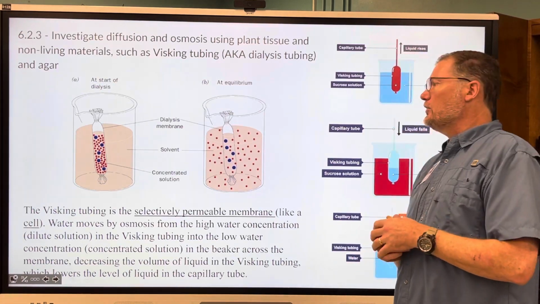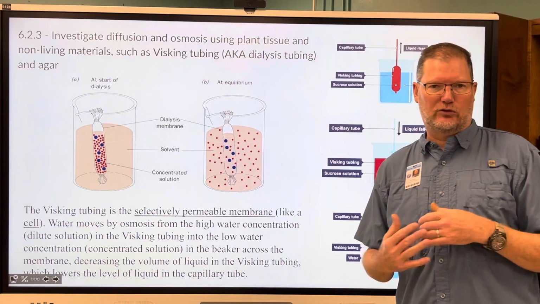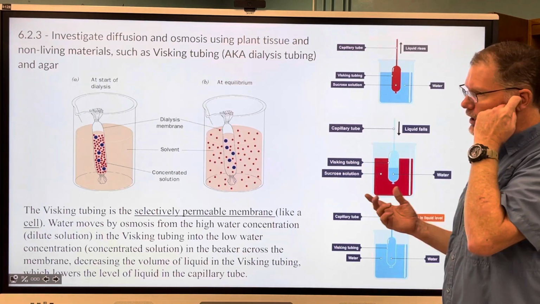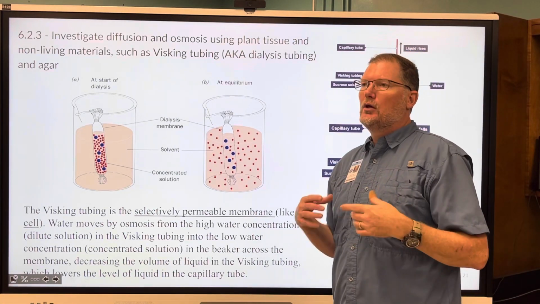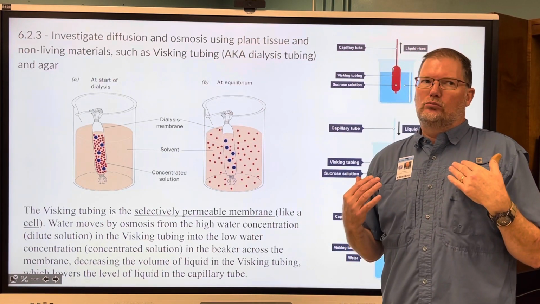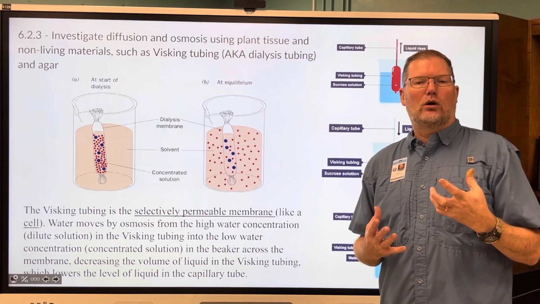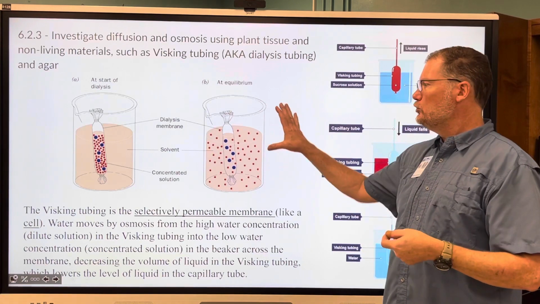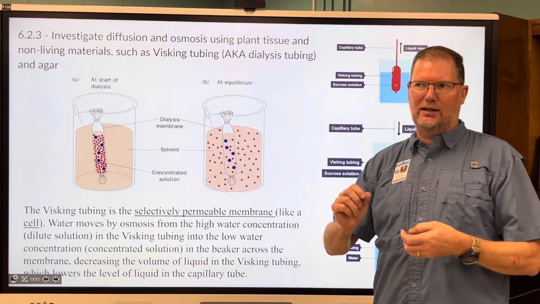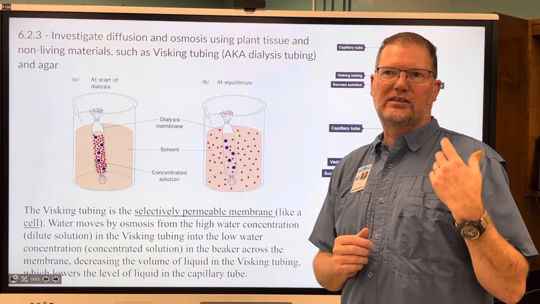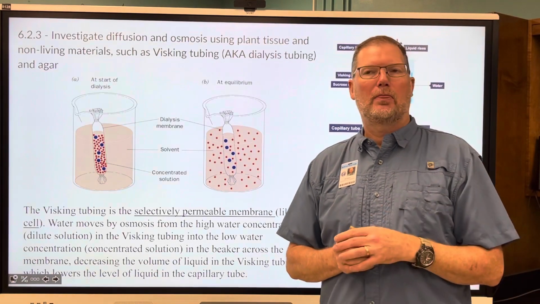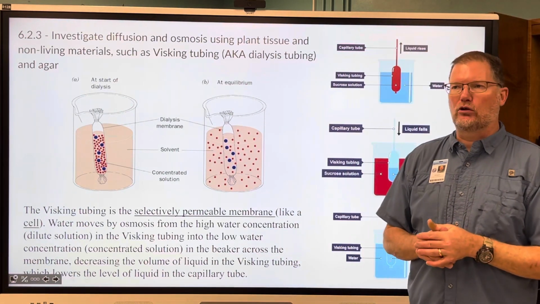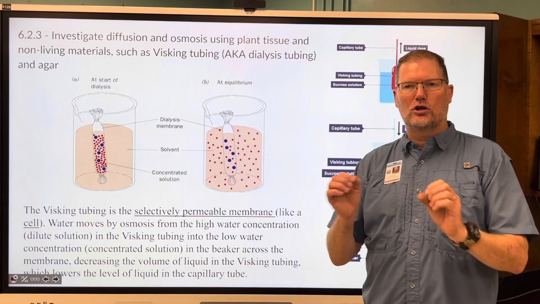So that's why it's used for demonstrations like this. Now tomorrow, we are going to listen to a woman go through the process of using Visking tubing in a demonstration, okay? A demonstration about glucose and starch.